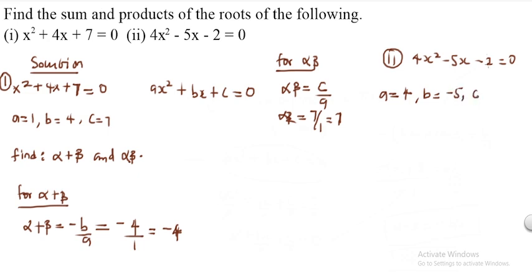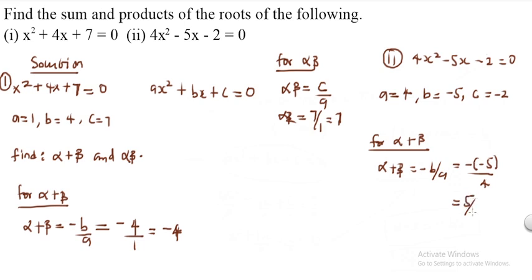My value of c here is equal to minus 2. So for my sum, I know that alpha plus beta is equal to minus b over a. So this is equal to minus (minus 5) divided by a, which is 4. So this is equal to minus times minus is plus, so 5 divided by 4.